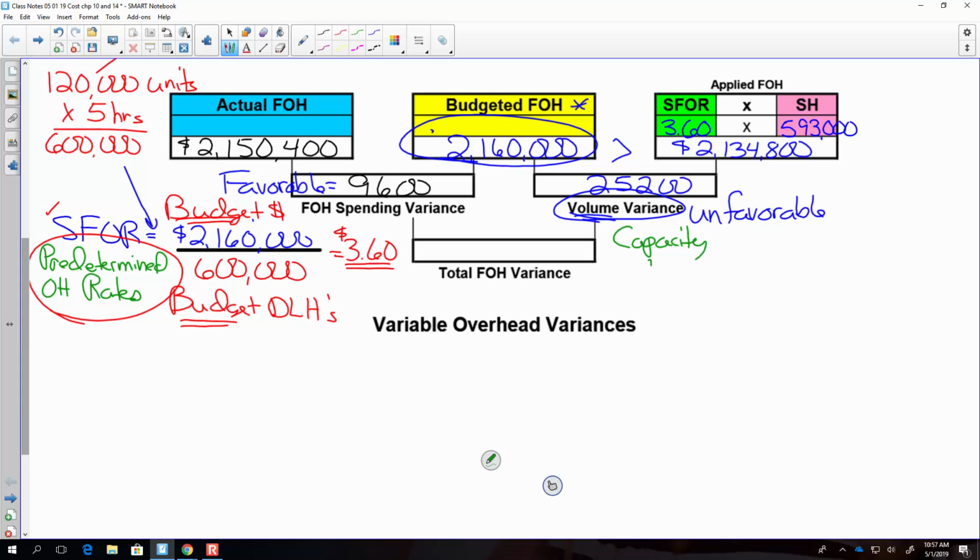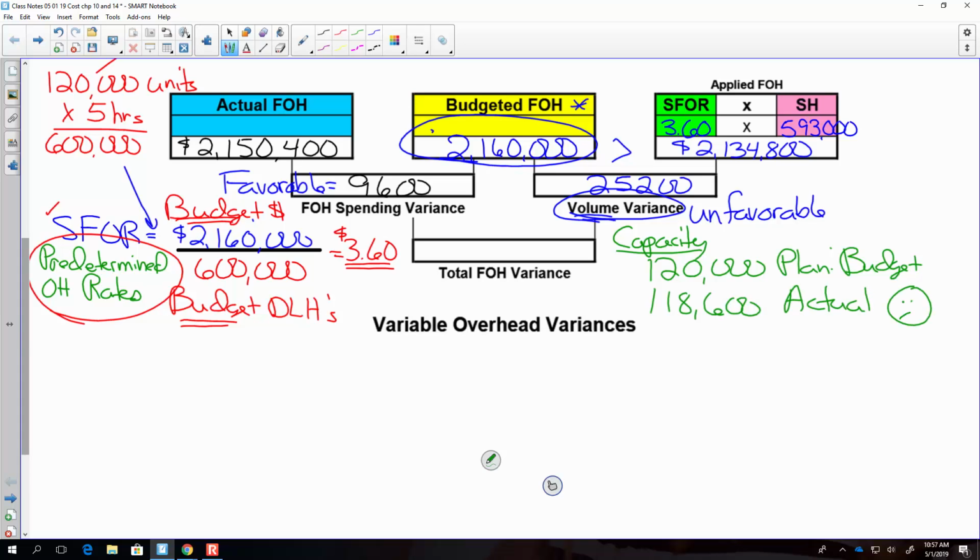I want to look at units. So the plan was to make, I call it plan, the budget was to make 120,000 units. What did I actually make? 118,600. There's nothing that's worse than that, right?